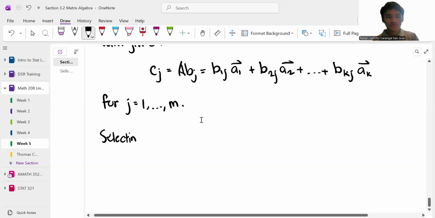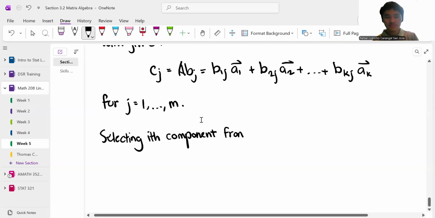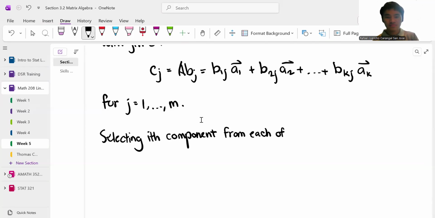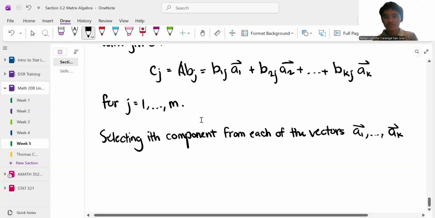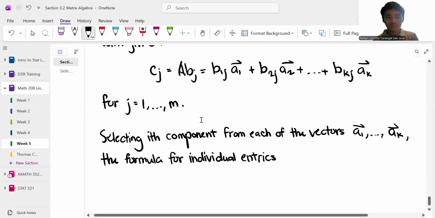When we select some ith component from each of the vectors A, so let's say A sub 1 to K, we get the formula for individual entries of C. So how's that going to look?